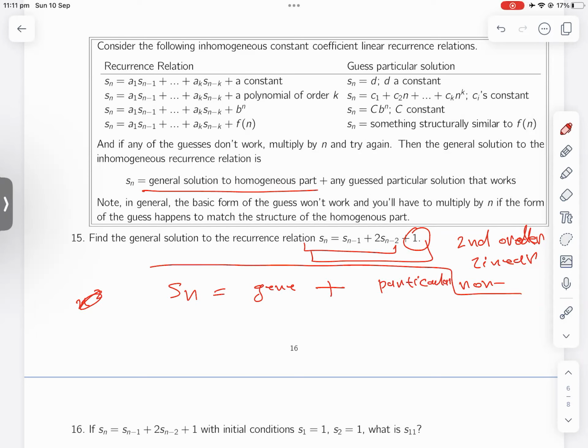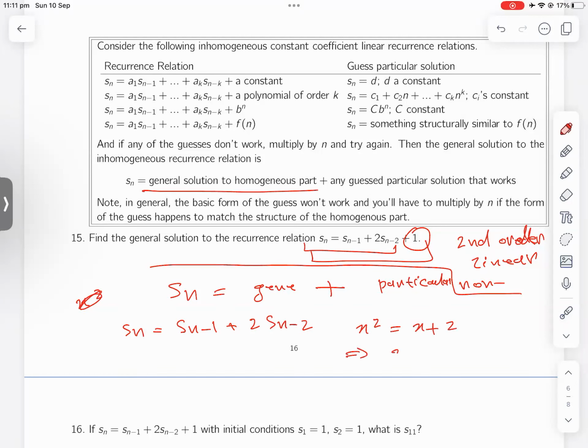The general one means this part. And we can understand that x squared, x plus 2.